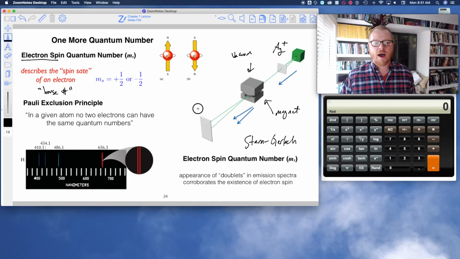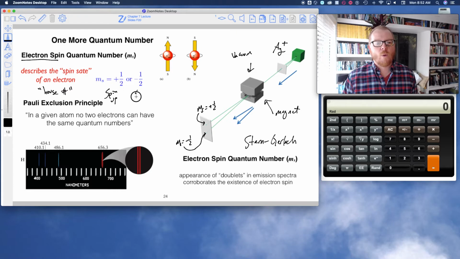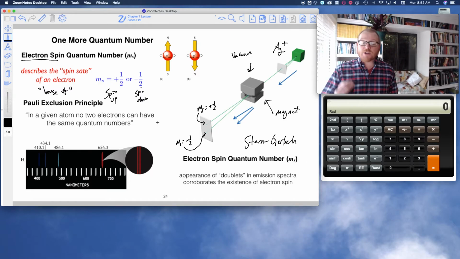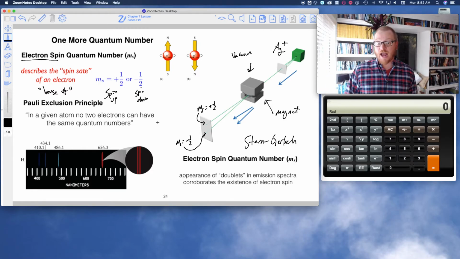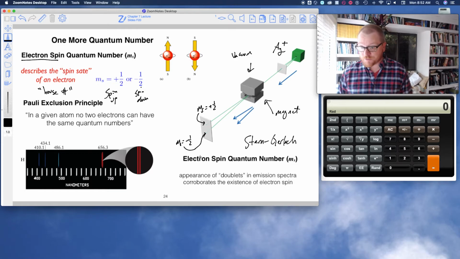One corresponds to the ms plus 1/2 state, which we call the spin up, and the other corresponded to the ms negative 1/2 state, what we call the spin down. And so in the silver case, because it had one unpaired electron, there's an equal probability of it being both, and so both spin states are observed.